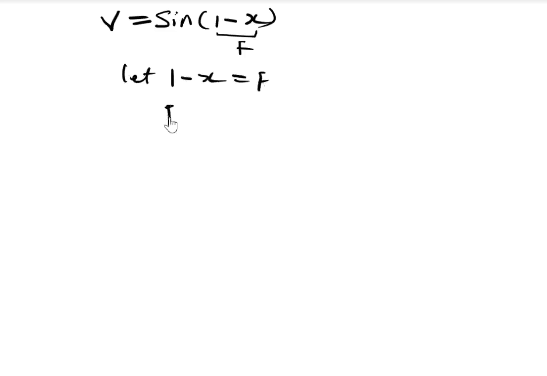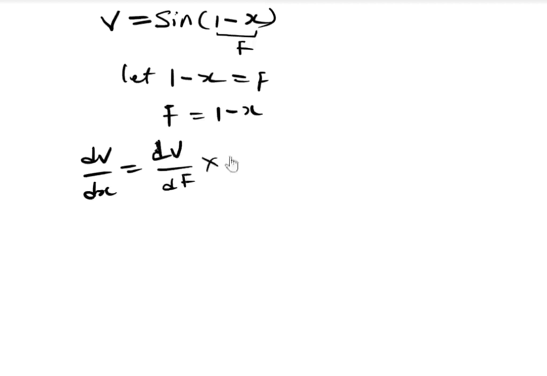That is, f is equal to 1 minus x. To solve this, the chain rule will be dv/dx is equal to dv/df multiplied by df/dx.